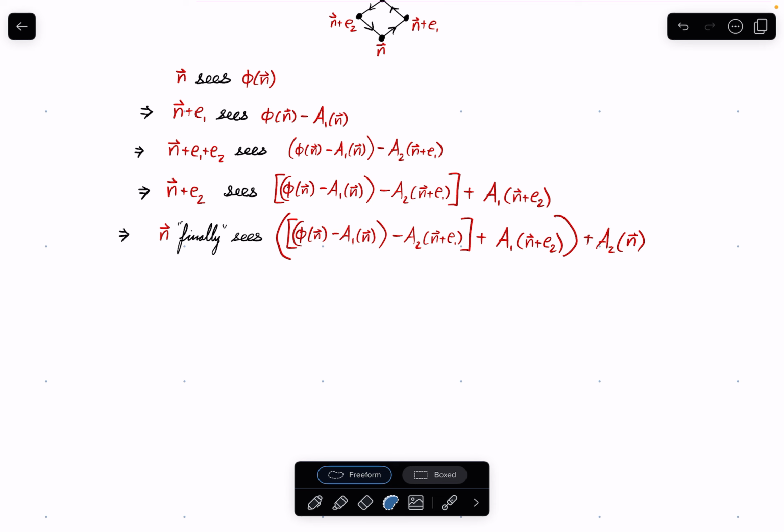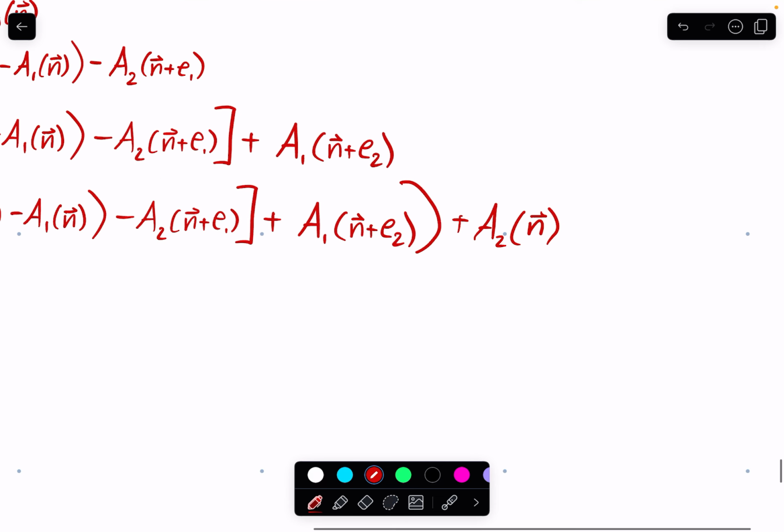Let's bring this up here. This final value is written phi prime of n.